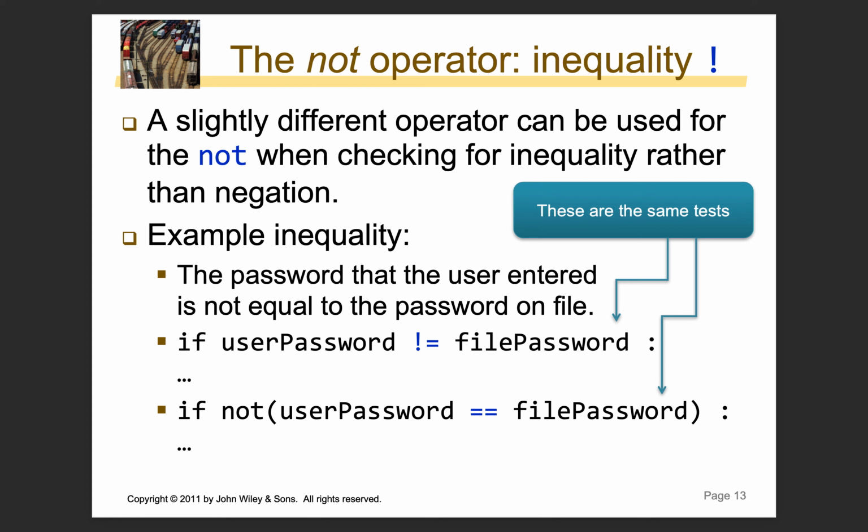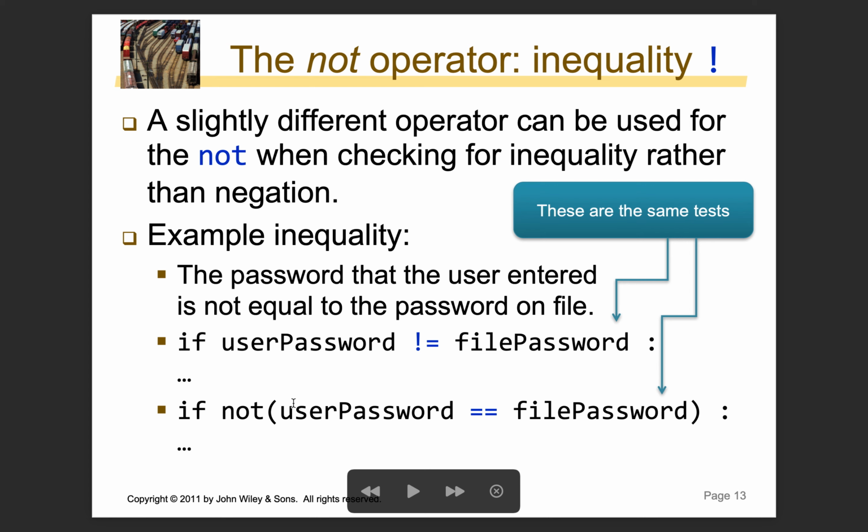Whether or not their login information is correct. So if the password they have entered is not the same as the file password, this is what this exclamation mark equals is. That's equivalent to if, and then negating the value, user password is the same as file password. Okay, double equals for comparison.